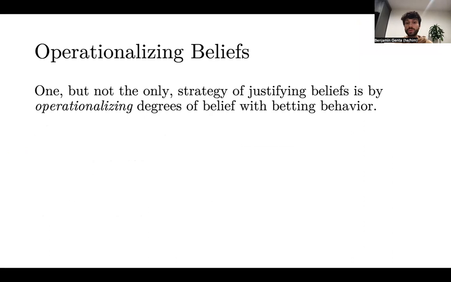So remember, we're going to do that by equating beliefs with betting behavior. This is one, but not the only strategy for operationalizing beliefs. There might be others, but what we're going to do is operationalize that with betting behavior.